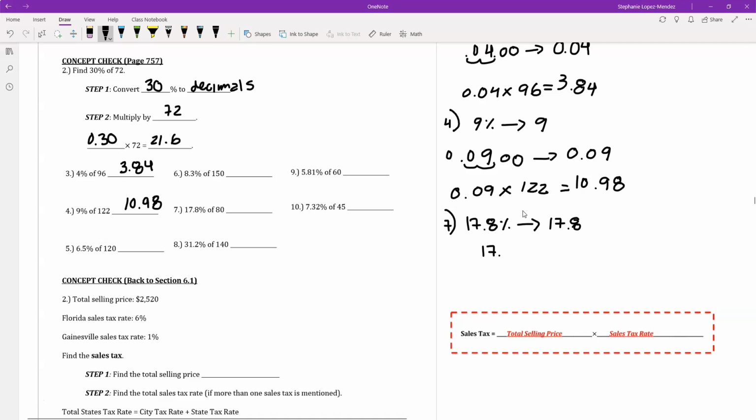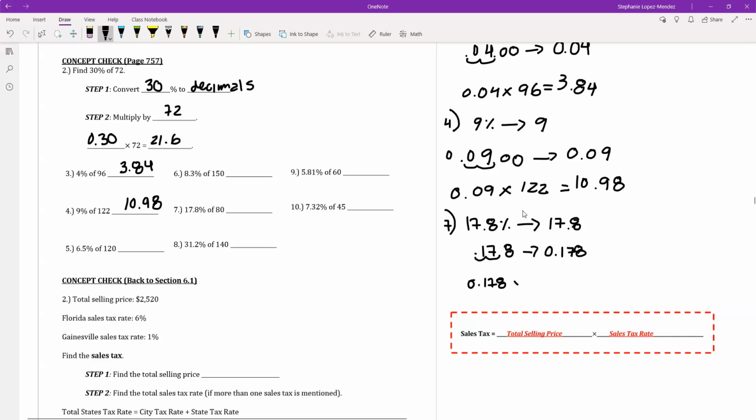I rewrite that, and now I have to move the point twice to the left. So it's still less than 100, so I'm adding the 0, but then I have 178. That's my decimals.